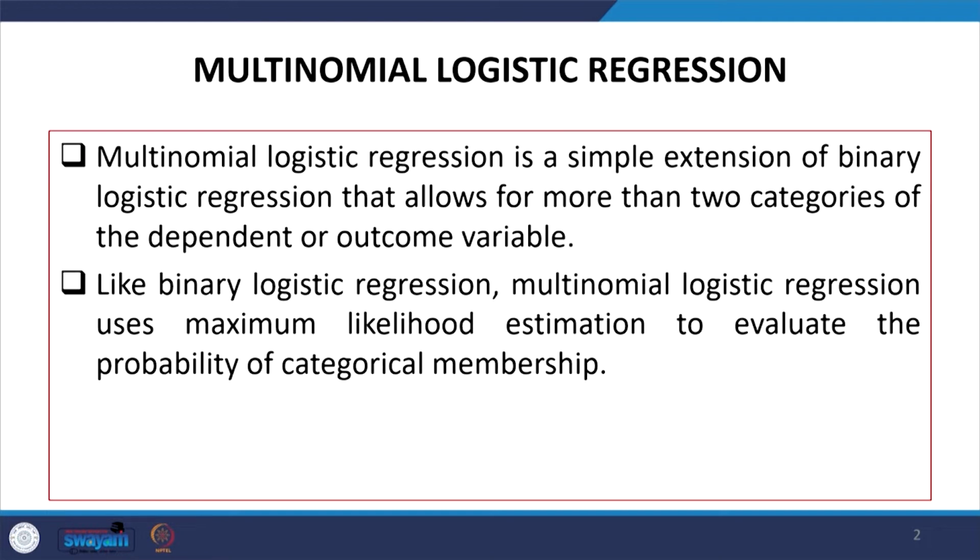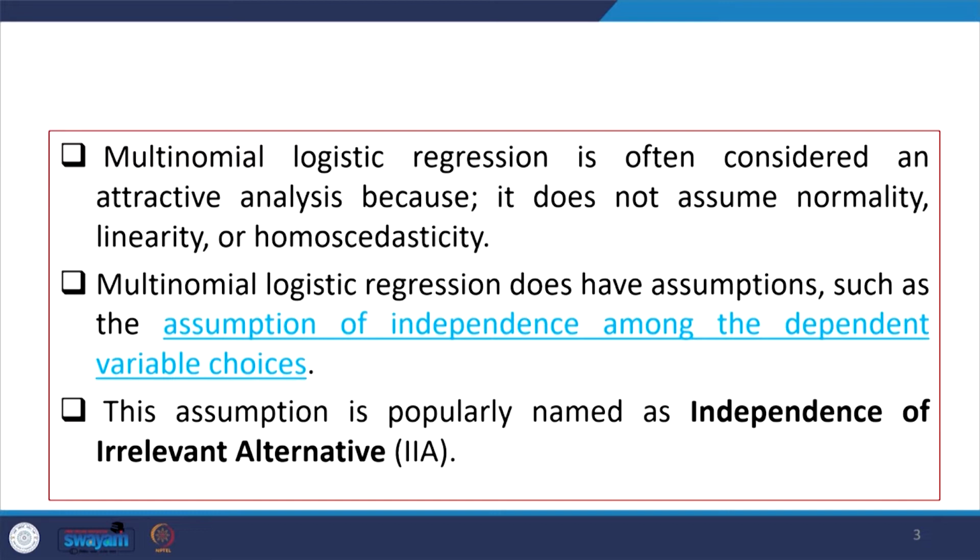Like binary logistic regression, multinomial logistic regression uses maximum likelihood estimation technique to estimate the probability of categorical membership. Multinomial logistic regression is often considered an attractive analysis because it does not assume normality or linearity or homoscedasticity.